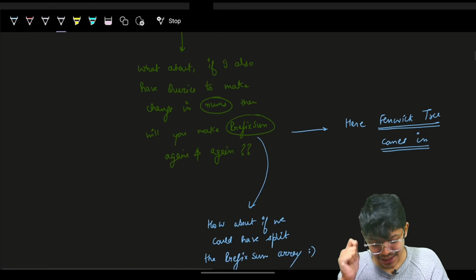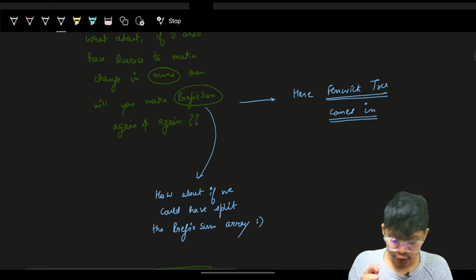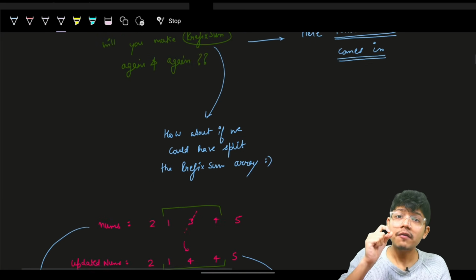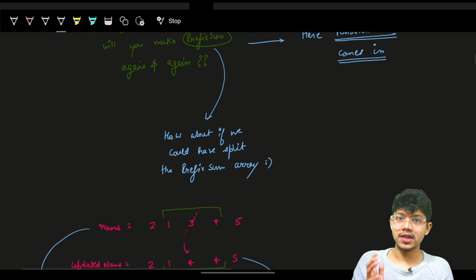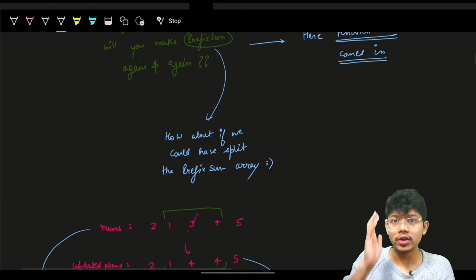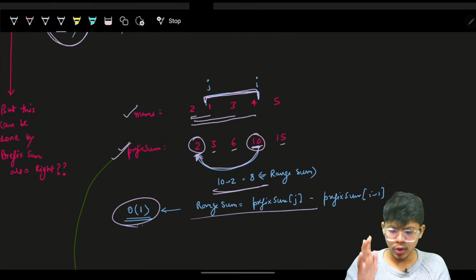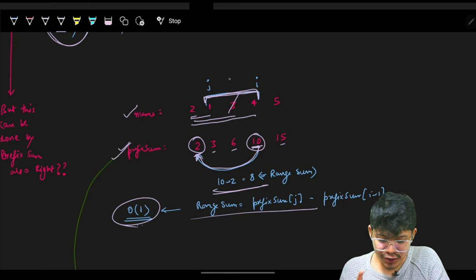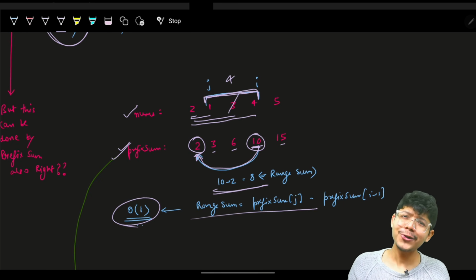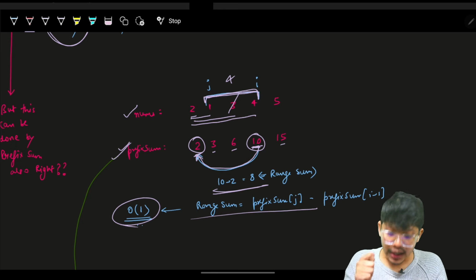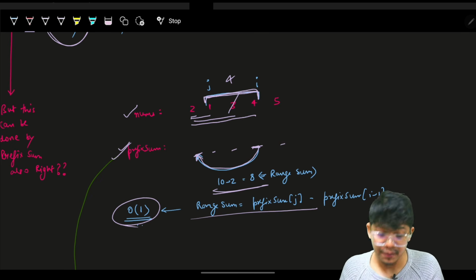Because if I go and ask you, what I will do is I will update your nums itself. After every query, I'll update your nums. Although I'll ask you what is the range sum, but then I'll ask, do one thing, update this 3 to 4. Then what will you do? Will you go and update your entire prefix sum again?